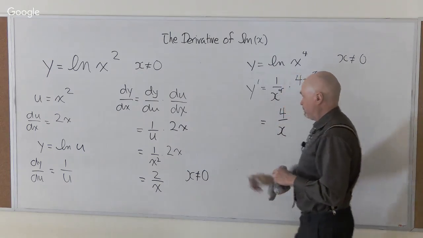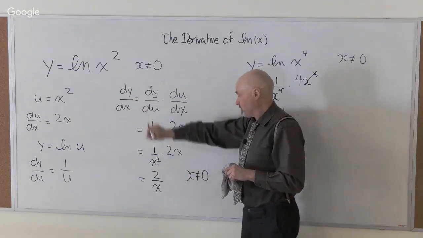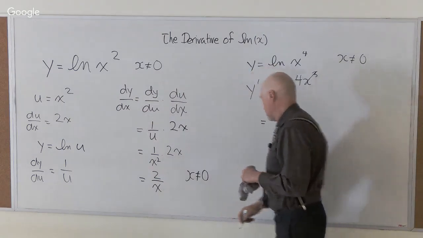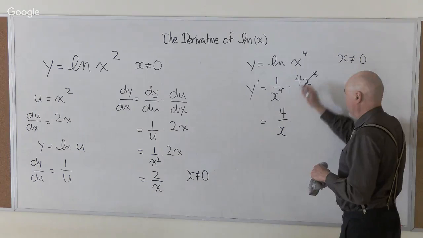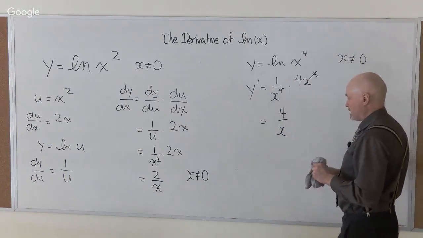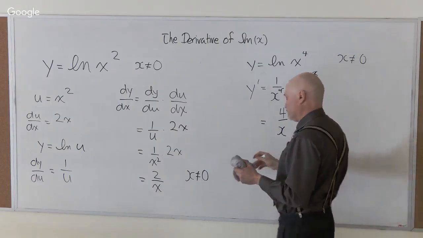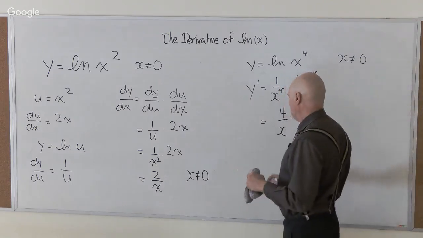Oh my goodness. The derivative of the natural log of x squared was 2 over x. The derivative of the natural log of x to the 4th is 4 over x. We seem to have a pattern, and we kind of do, okay?